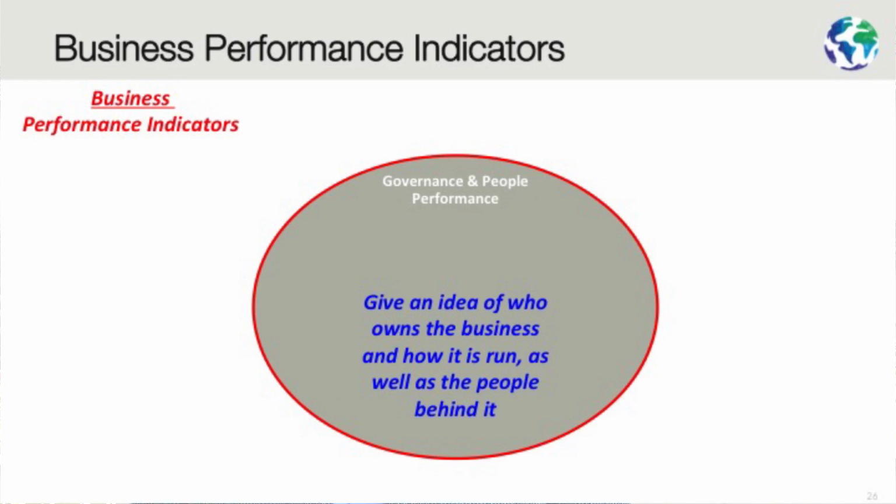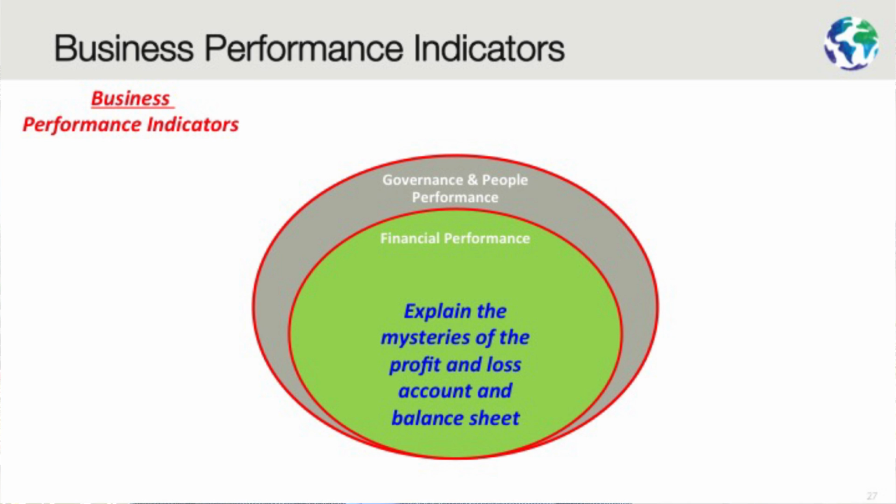Let's look at business performance indicators. The first group is governance and people performance. And this gives an idea of who owns the business, how it's run, and as well, who are the people behind the company. The second group is financial performance. And this explains the mysteries of the profit and loss account and balance sheet.